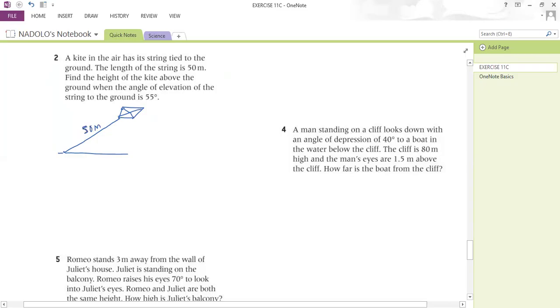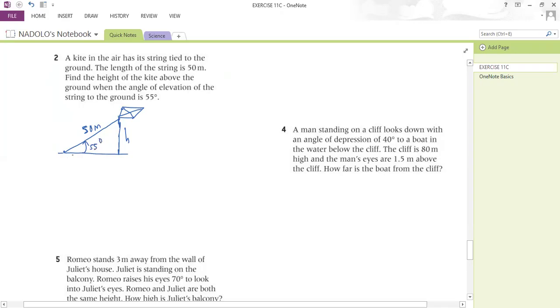We make an assumption that the string is tight and straight. Find the height of the kite above the ground. That should be this height, h, when the angle of elevation of the string to the ground is 55 degrees.